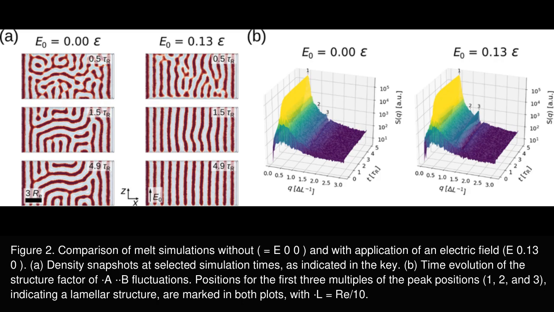These results indicate that the external electric field not only promotes domain alignment, but also affects the kinetics of order formation by accelerating the establishment of lamellar periodicity. The authors interpret these findings as evidence that the electric field reduces the orientational disorder in the melt, thereby favoring phase transitions, such as from spheres to cylinders aligned along the field. This aligns with previous studies and supports the role of the electric field as a powerful processing parameter for tuning diblock copolymer morphologies.